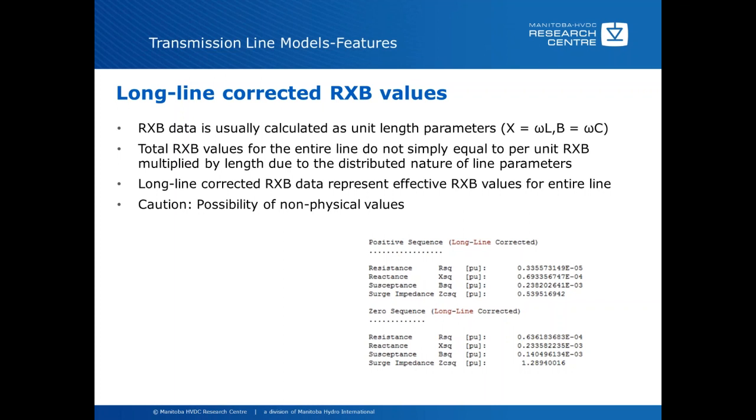There can be non-physical values in the RXB data. Resistance can be negative, reactance can be negative, because theoretically it's not always possible to find meaningful RXB values for the entire distributed transmission line. So there can be non-physical values.